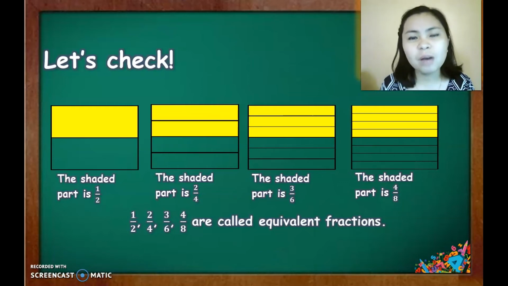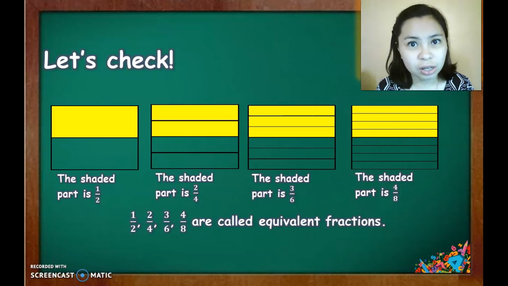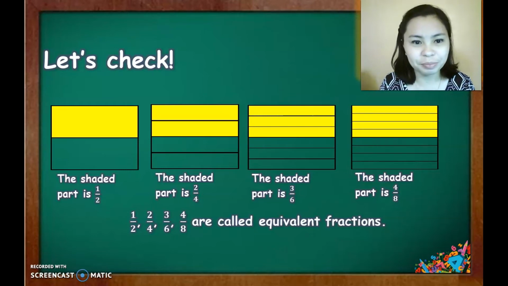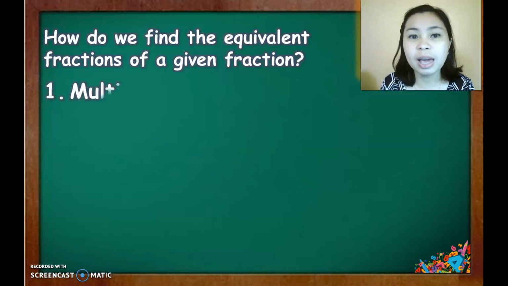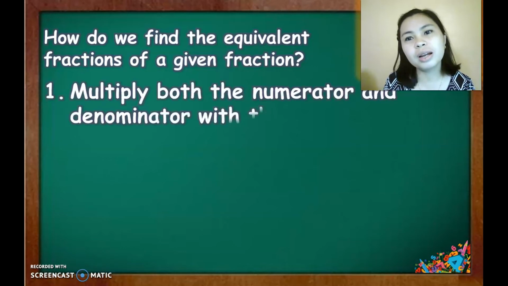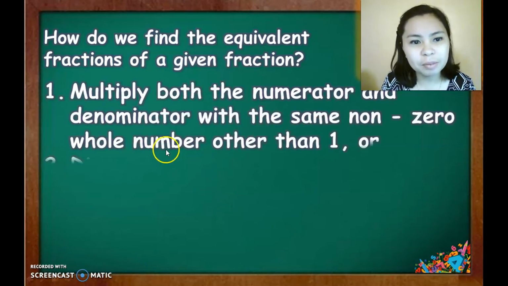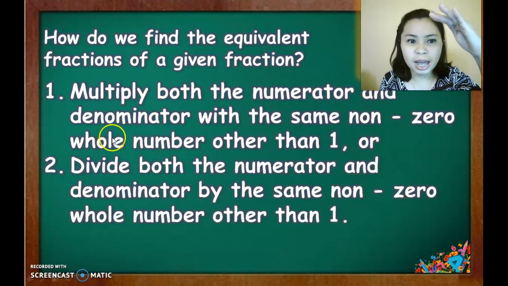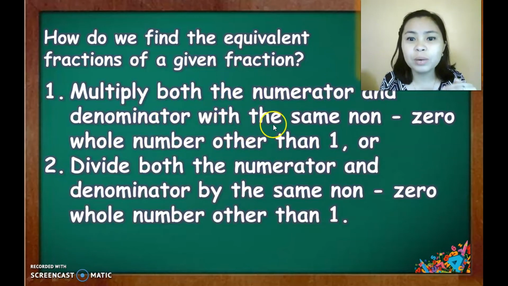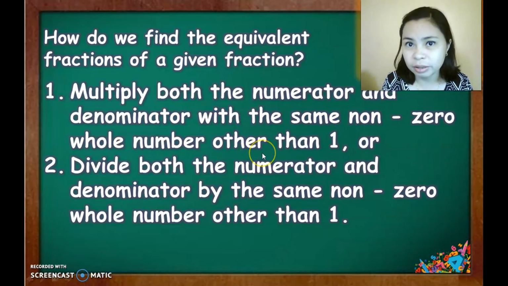Okay, how about calculations? How do we find the equivalent fractions of a given fraction? We have rules here. Number 1, multiply both the numerator and the denominator by the same non-zero whole number other than 1.